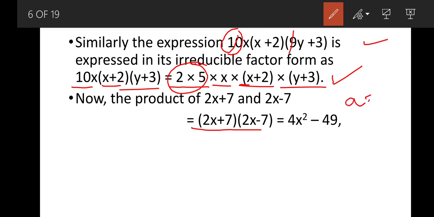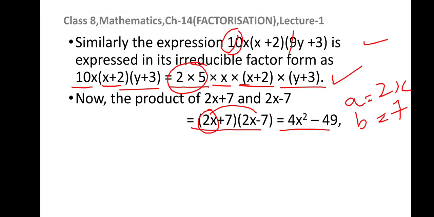Here a is 2x, b is 7. You can either use the identity and get 4x square minus 49, or you can multiply 2x by every term inside the bracket 2x minus 7, that is, you can also use the distributive law to get the product.